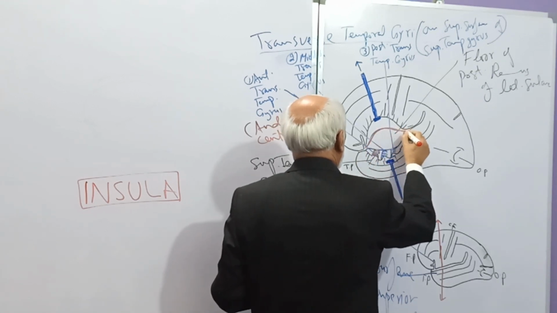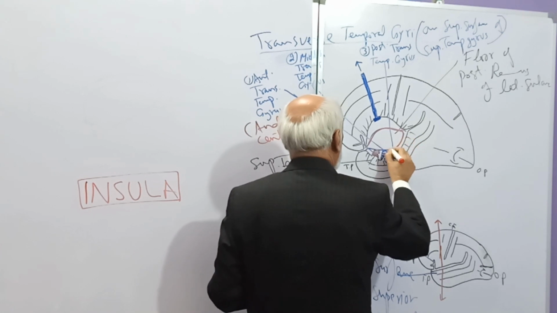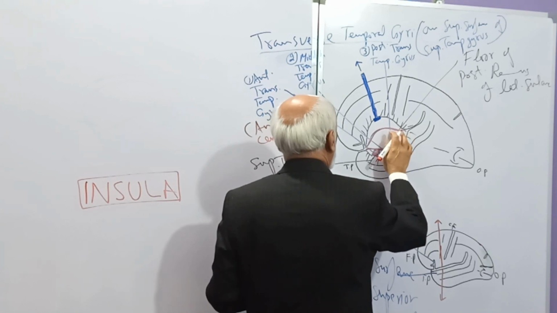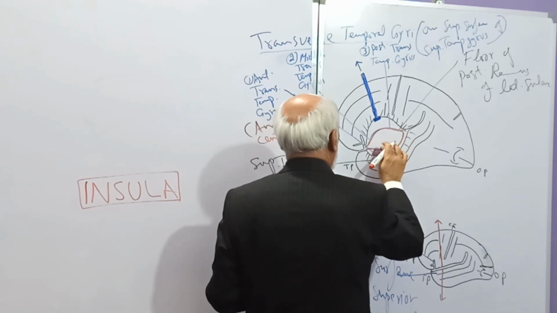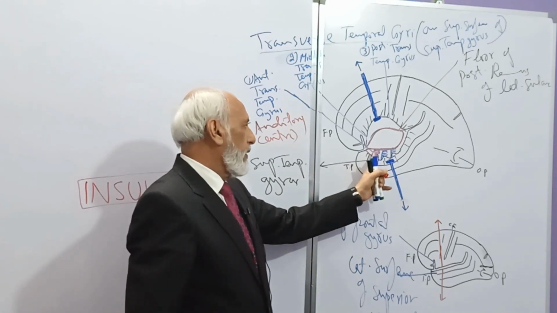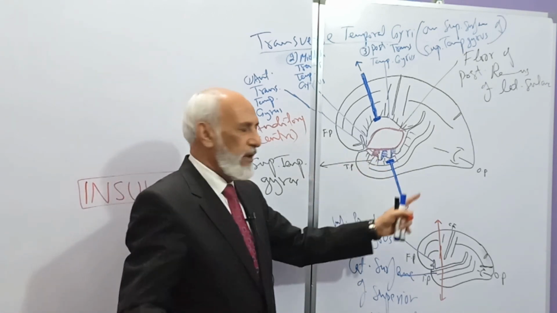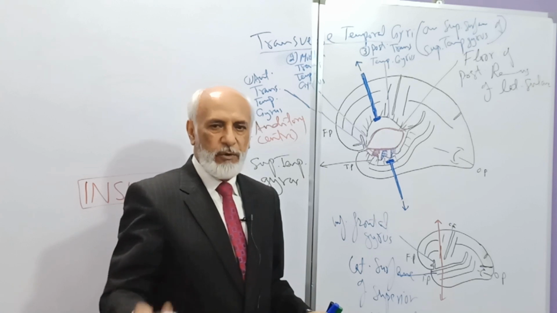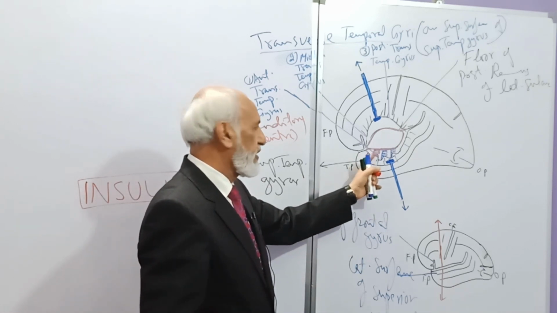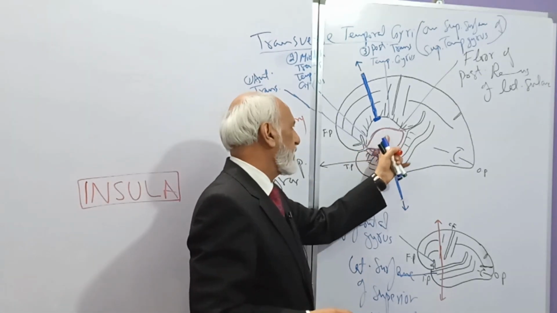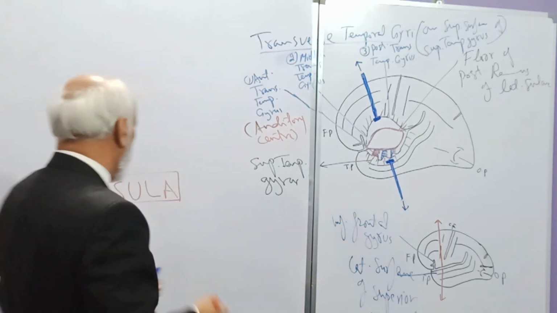In the floor of the posterior ramus of the lateral sulcus, there is the insula. So on the upper surface of the superior temporal gyrus, there are anterior, middle, and posterior transverse temporal gyri, of which the anterior transverse gyrus is very important. Next, regarding the floor of the posterior ramus of the lateral sulcus, here the insula is present.